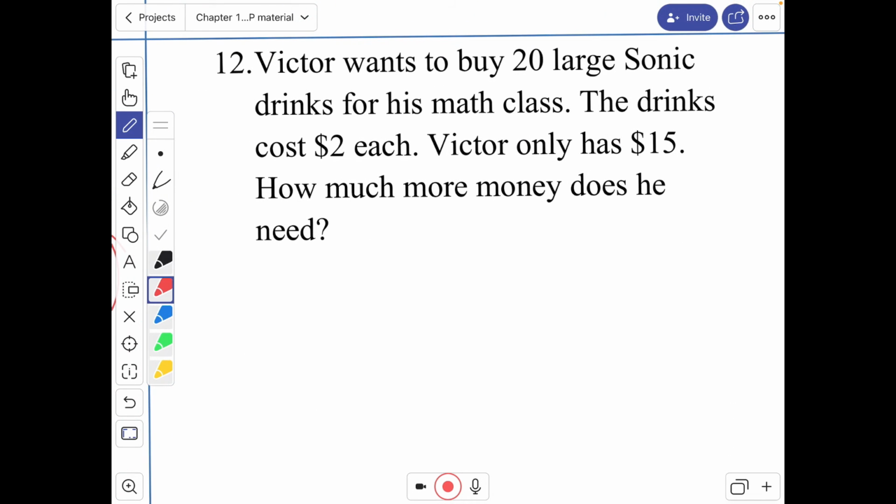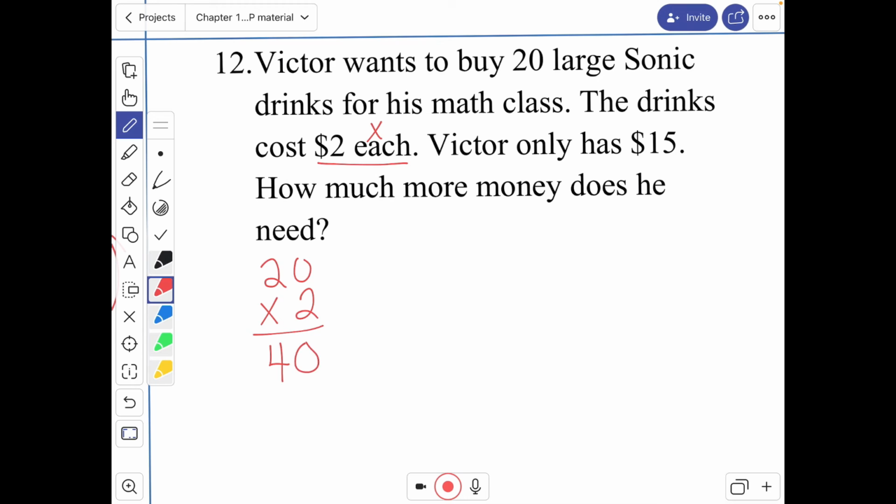Number 12. Victor wants to buy 20 large Sonic drinks for his math class. The drinks cost $2 each. Victor only has $15. How much more money does he need? Well, if they're going to cost $2 each, that means to multiply. So 20 times 2.